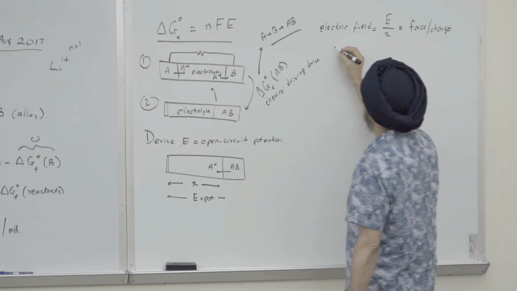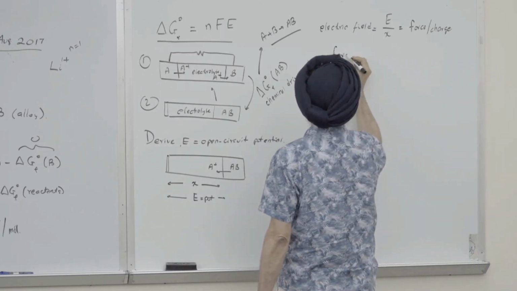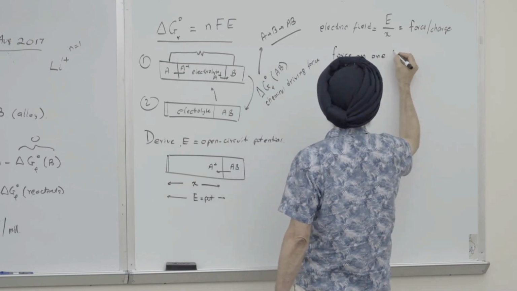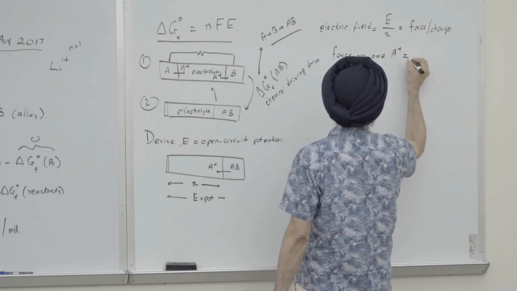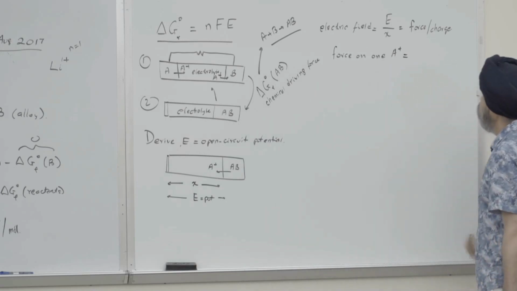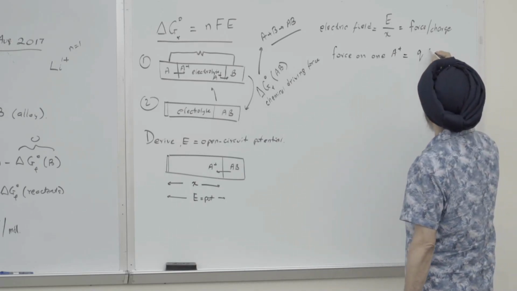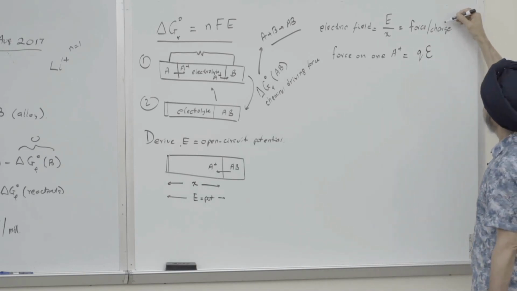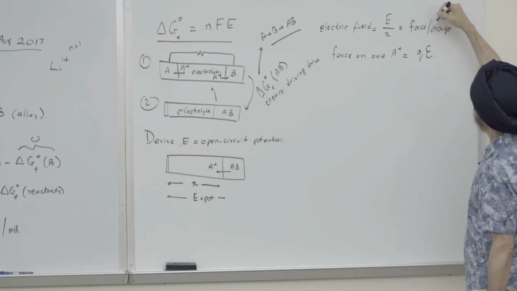So what is the force on one ion of A plus? The force would be Q times electric field, since electric field is force per unit charge.